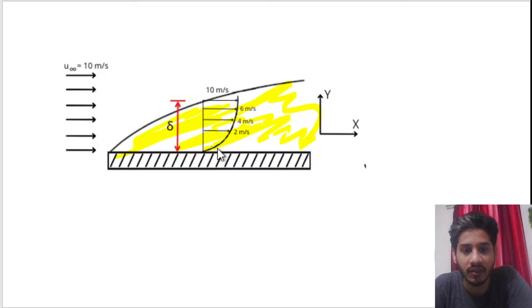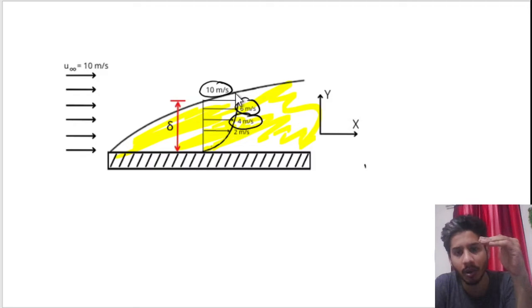You can see there is relative velocity. This is 2 meters per second, then this is 4 meters per second, then this is 6 meters, then 10 meters. So there is a relative velocity within the boundary layer.